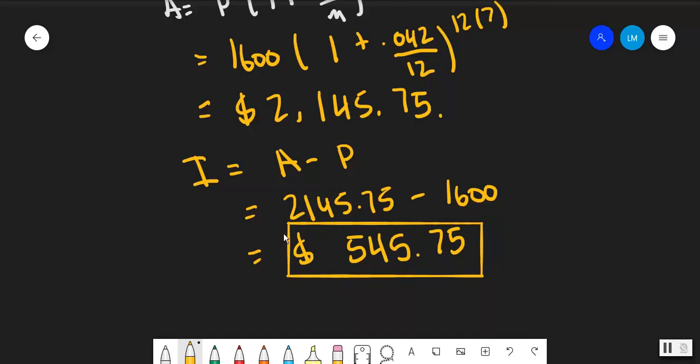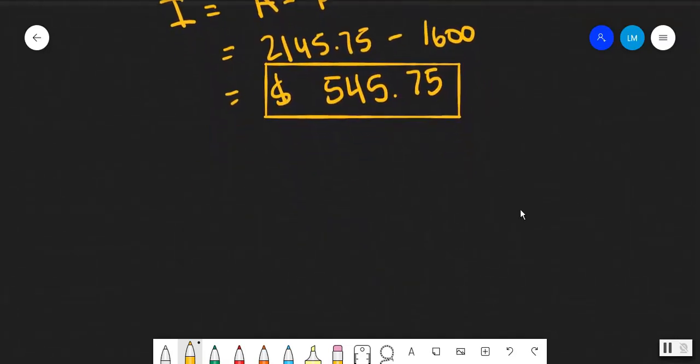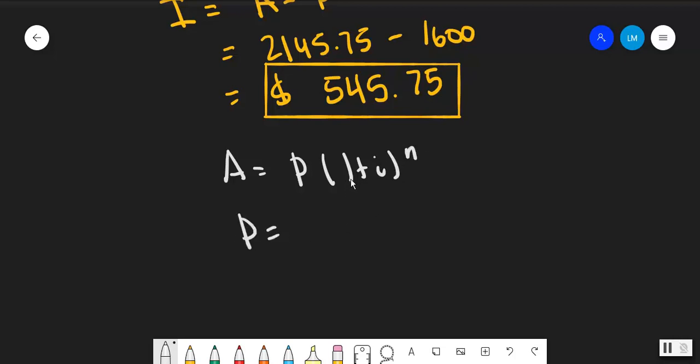Now, let's say that, for example, we wanted to solve for the principal. So we know that A is equal to P times 1 plus I raised to the n. But if you want to solve for P, you simply just divide.